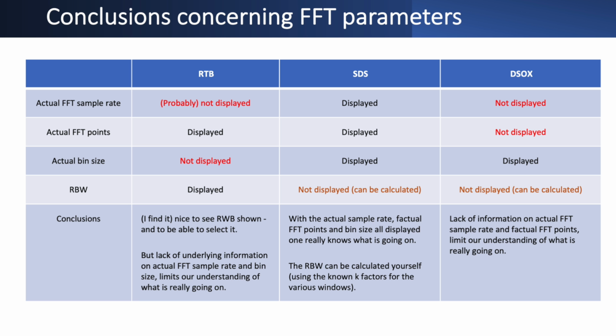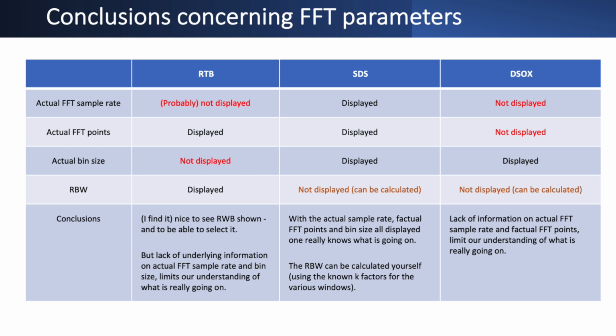Alright, now coming to the conclusion, and on this sheet you see what the various devices offer as information or don't show, as well as the overall conclusions. And starting with the RTB, some people have criticized the RTB for having a simplified form of FFT interface in which you don't get to see the real information that you need.